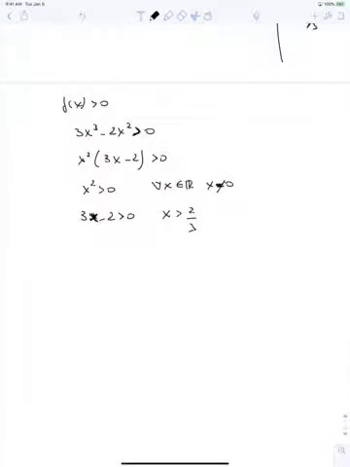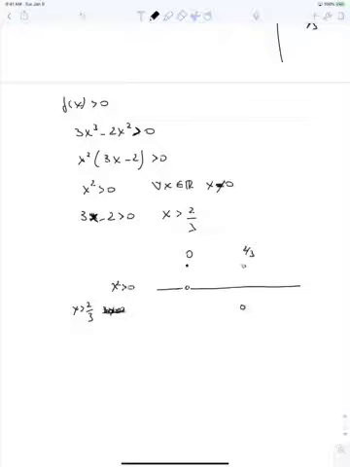So here we have 0, and here we have 2 divided by 3. Now, x squared greater than 0 means that this factor is positive at all the points except for 0 itself. And then 3x minus 2 is positive for x greater than 2 divided by 3.